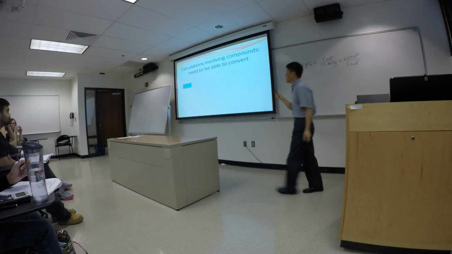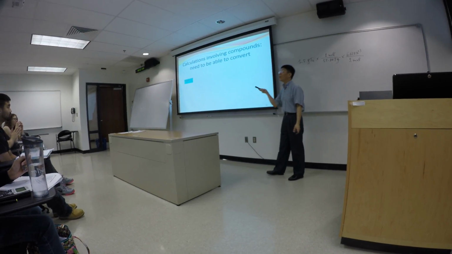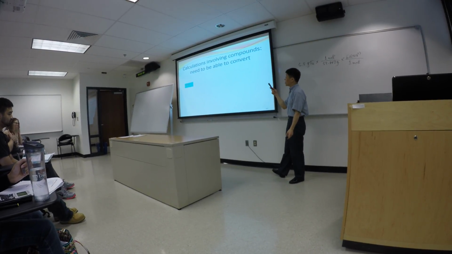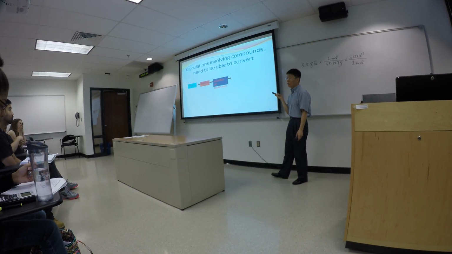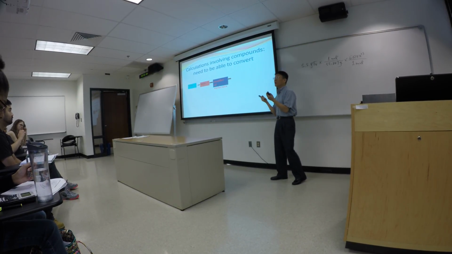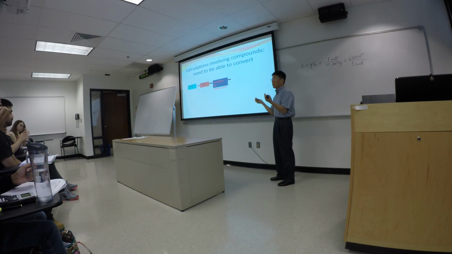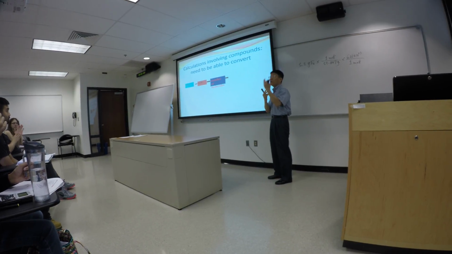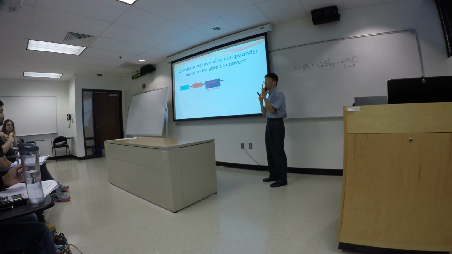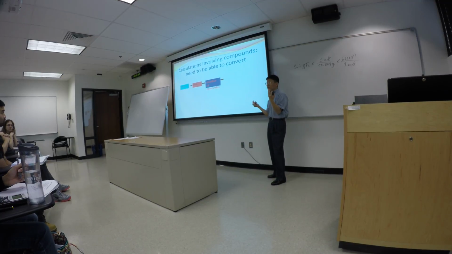So in this part of the calculation, there is a little bit more than just going from mass to moles, and moles to the number of molecules. Once you have the number of moles of molecules, say H2O, each molecule of water has 2 hydrogen atoms in it. So if you have 1 mole of water molecules, you would have 2 moles of hydrogen atoms and 1 mole of oxygen atoms in there.